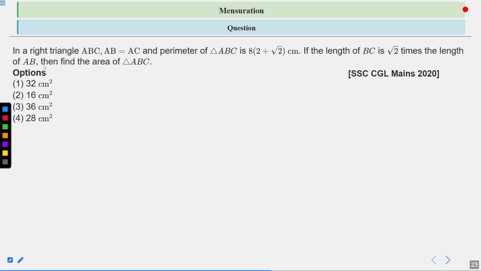First one is 32 square centimeter, second is 16 square centimeter, third one is 36 square centimeter, and fourth one is 28 square centimeter. Now you have 10 seconds to analyze the question. Your time starts now. Now time's up. Let's see the solution of this question.